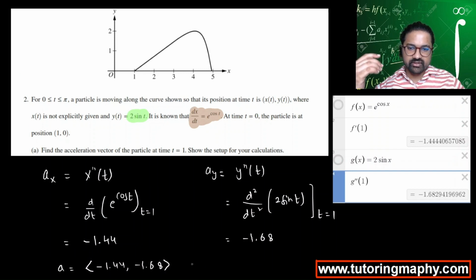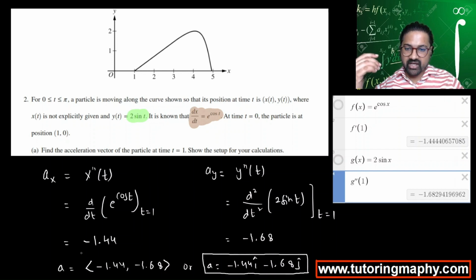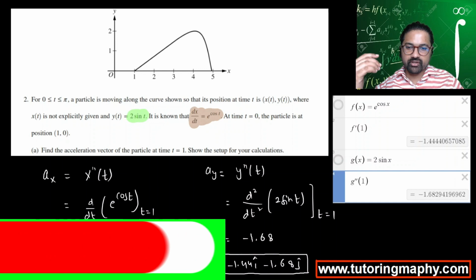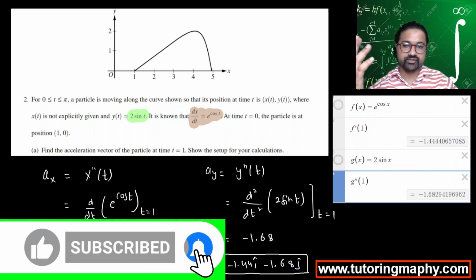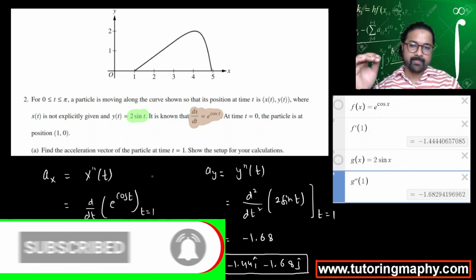So we can also say the acceleration is negative 1.44 i hat minus 1.68 j hat. Both are acceptable answers. So there is no right or wrong answer. Both are correct. But make sure we write that in vector form because they are clearly asking for the vector form over here.